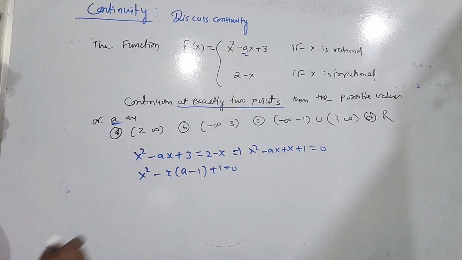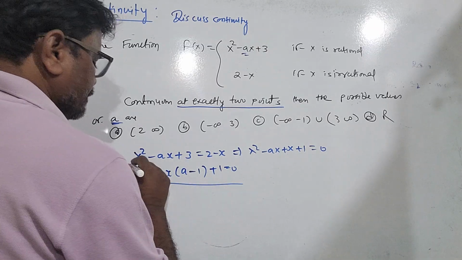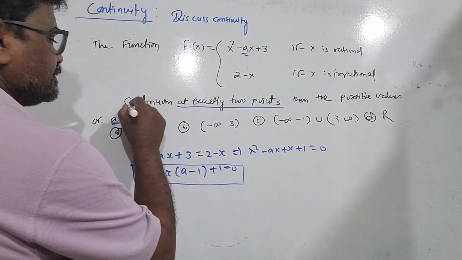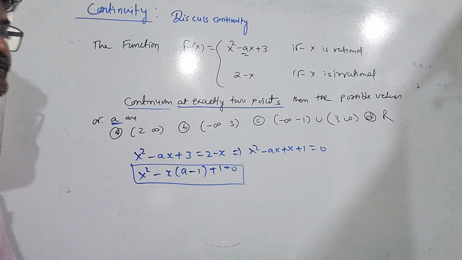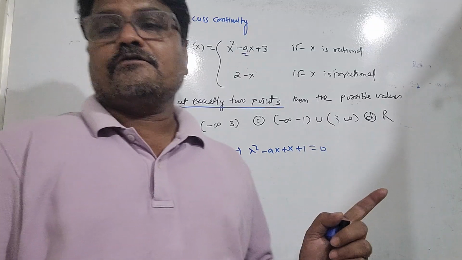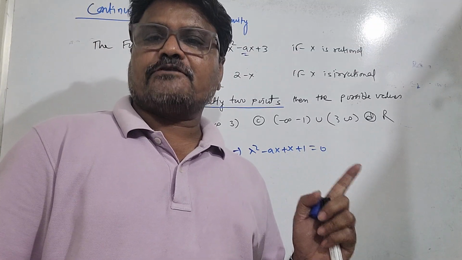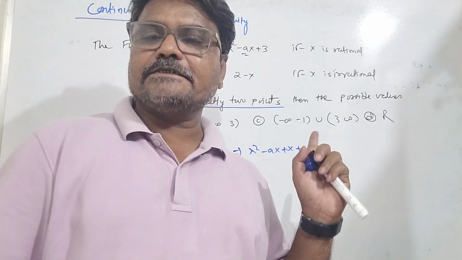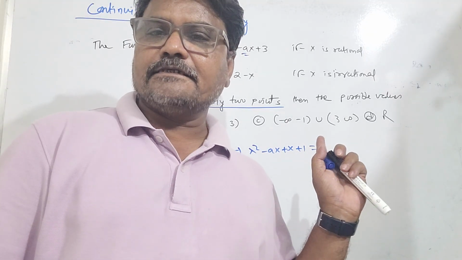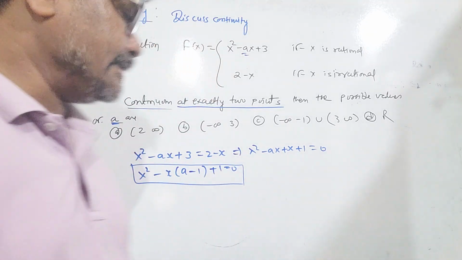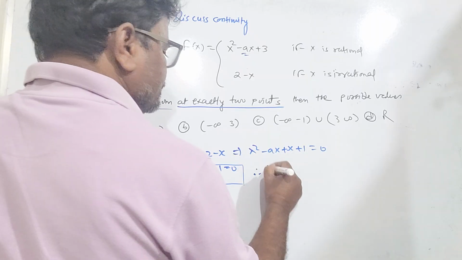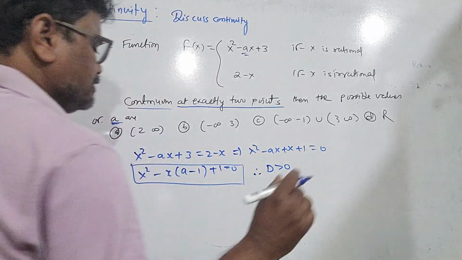So this is a quadratic equation, and this function is continuous at exactly 2 points. So there are two distinct values of x. That means this equation has distinct real roots. That is, the condition is D must be greater than 0.